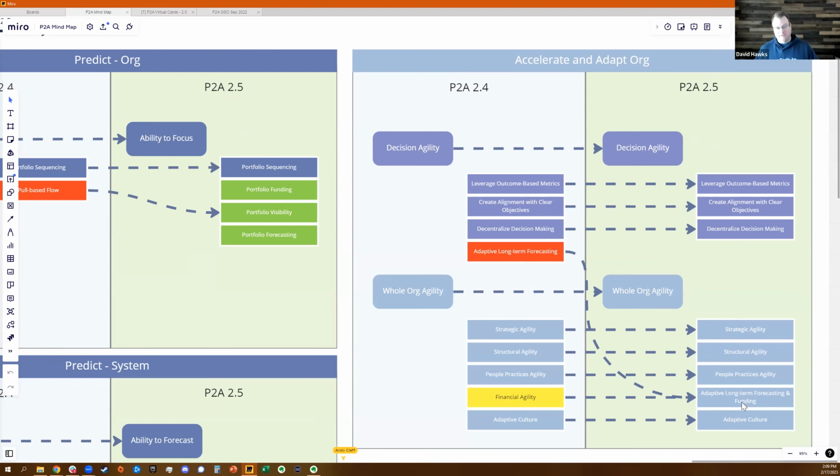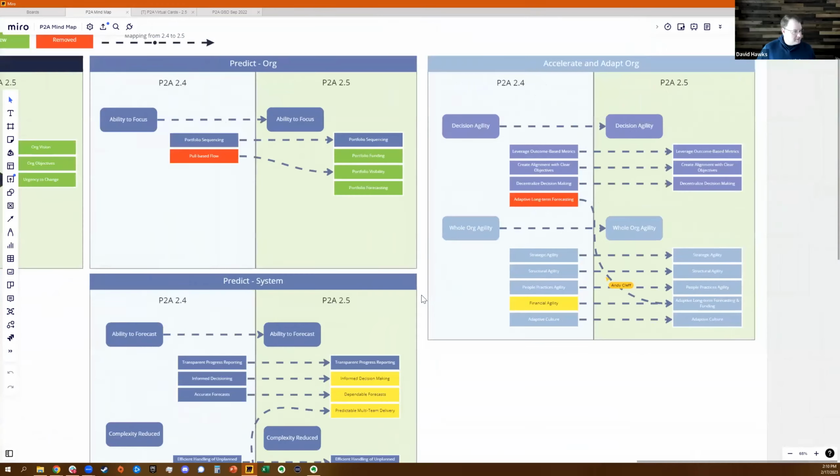So we set a new record. I don't know that that's a good thing, so we'll probably refine it over time, but adaptive long-term forecasting and funding is where we're at right now as far as that name and capability. Okay, so that's all the org level changes. There are lots of little tweaks of language throughout, but those are the big shifts at the org level.